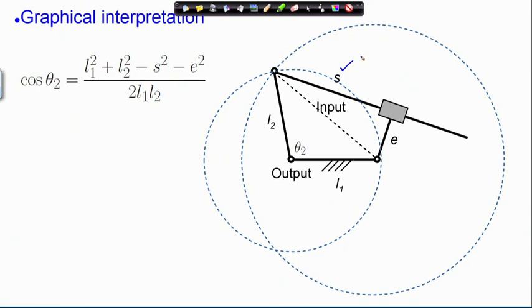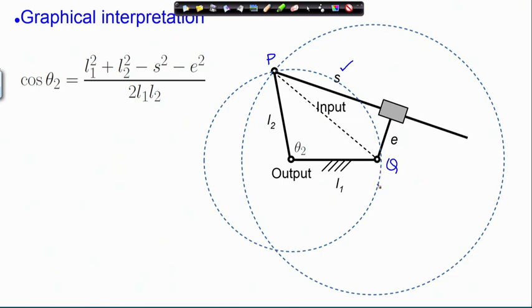If S is known, this was P and let us say this was Q. So, if S is fixed, then E square plus S square, which is PQ square, this length PQ gets fixed.